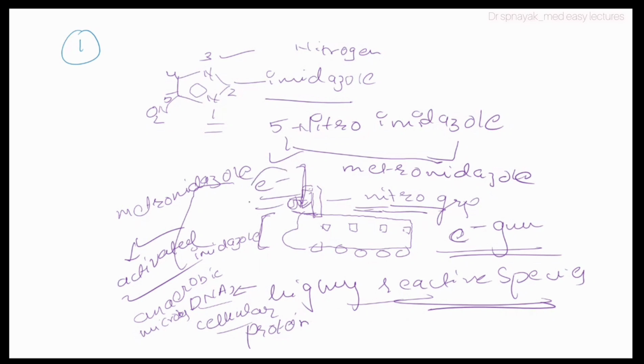These electrons are involved even in our own normal cellular metabolism, and are also present in the aerobic microbes. So what is so special in the anaerobic microbes that is responsible for this metronidazole activation? We'll see this in detail.